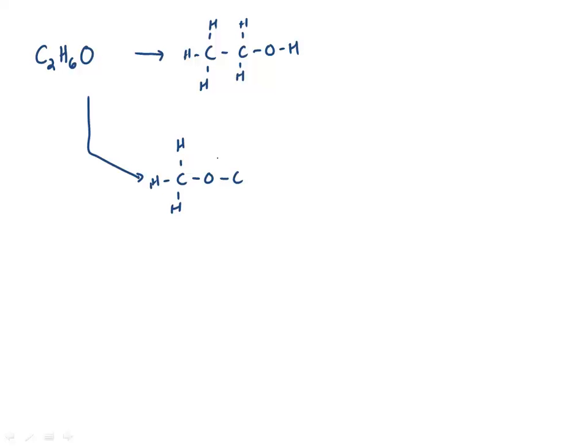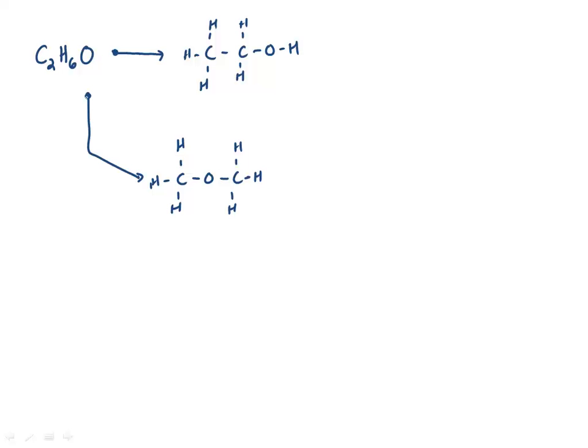So again, just the formula that lists the carbons and the hydrogens, that C2H6O, doesn't tell me which of those two molecules is intended. It's not the best way to represent a molecule. We'd be much better off writing it a different way.